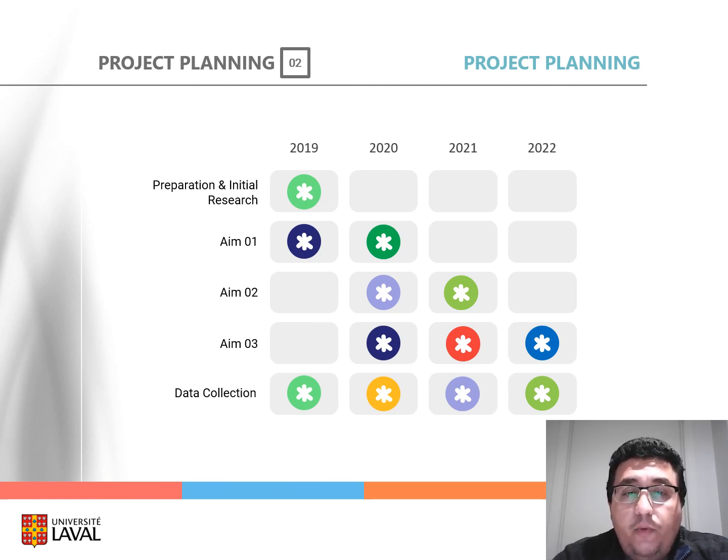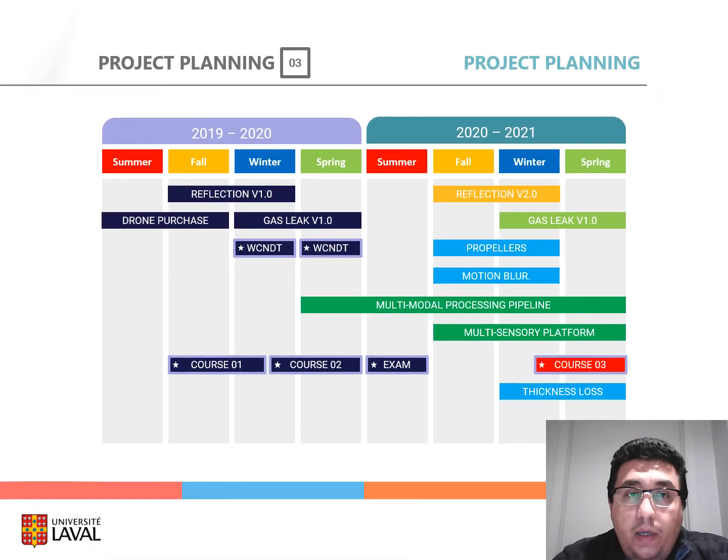We can see which aim we focus on in each year. Here you can see a Gantt chart that shows the schedule for the milestones, the objectives, and other parts of this project.